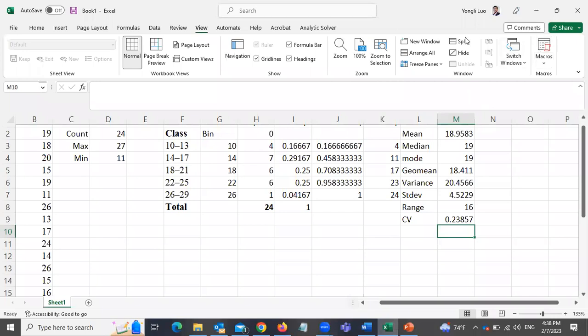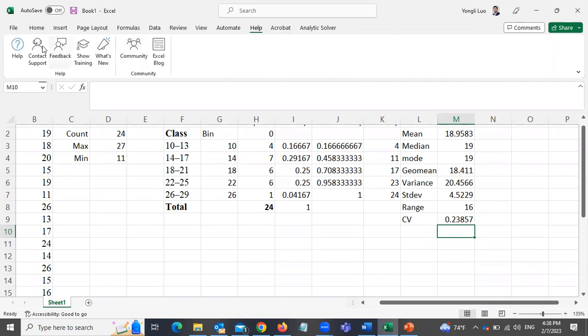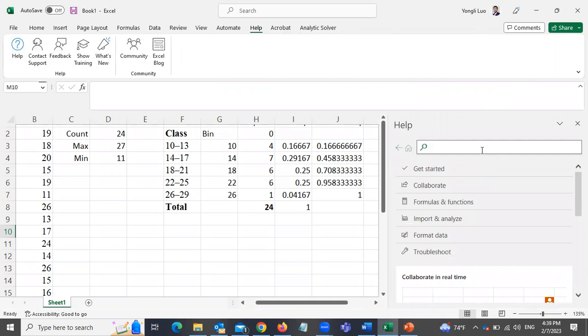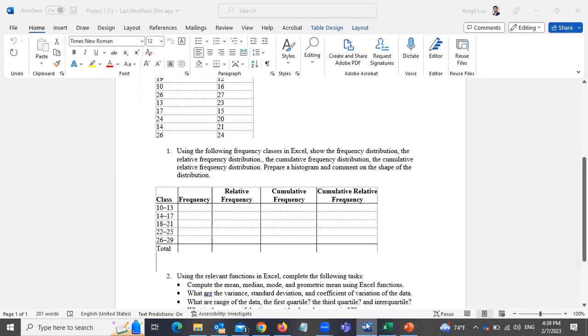So you can ask for help, like help for quantile. I'm going to show you how. Let me see what it is.